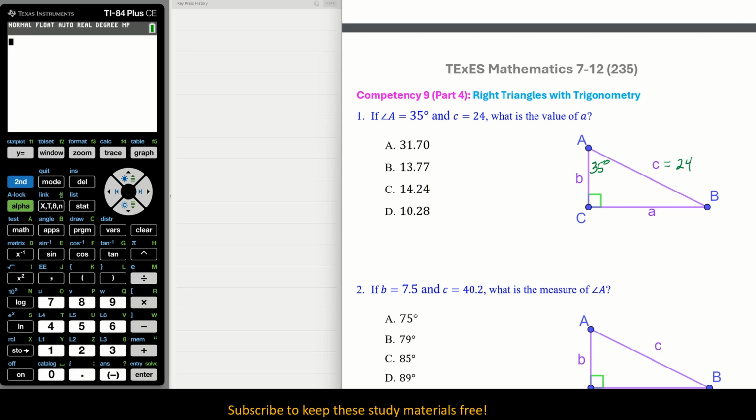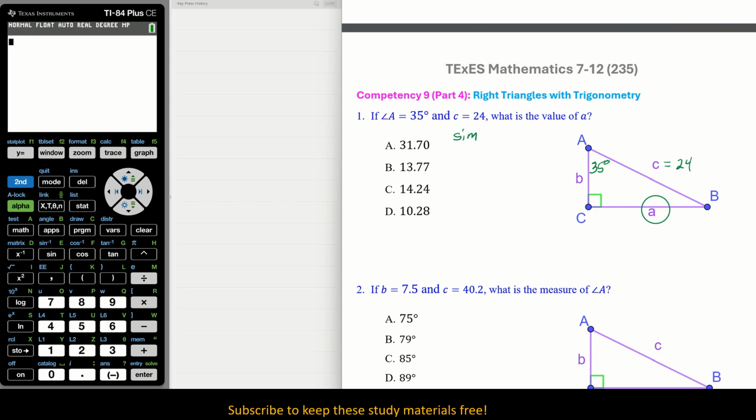They want the value of A. Well, because we know that A is the opposite leg from angle A, then we know A over C equals sine of theta, which would be written as this.